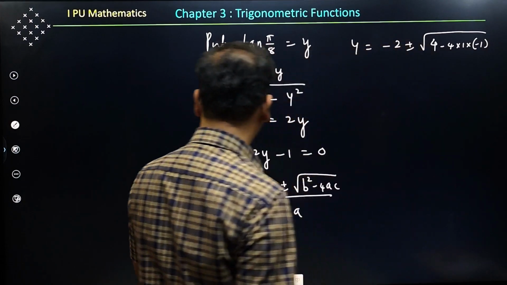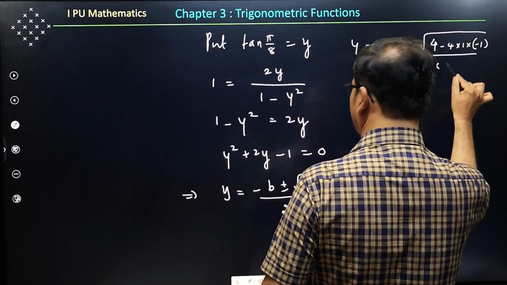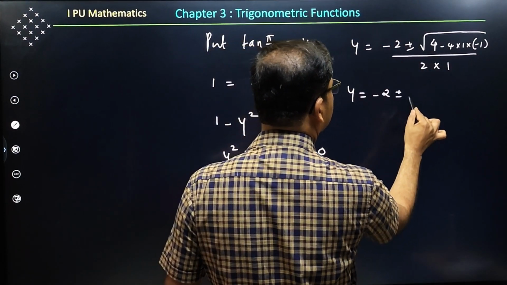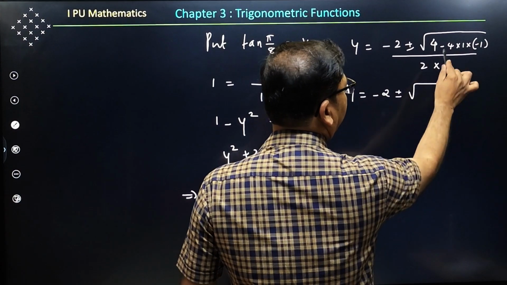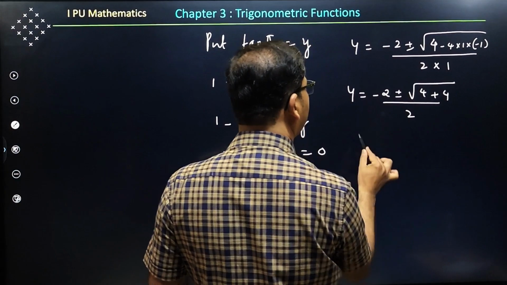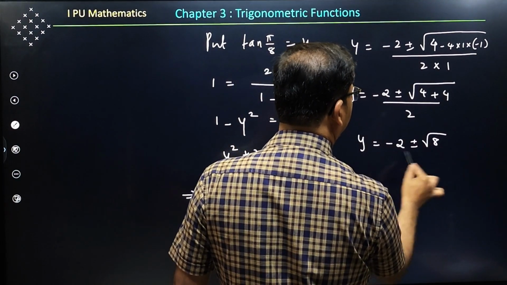Am I correct? A is 1, c is minus 1, divided by 2a. That is 2, a is 1. So y equal to minus 2 plus or minus under root, minus into minus plus, so this is 4 plus 4, which is 8. y equal to minus 2 plus or minus under root 8 divided by 2.